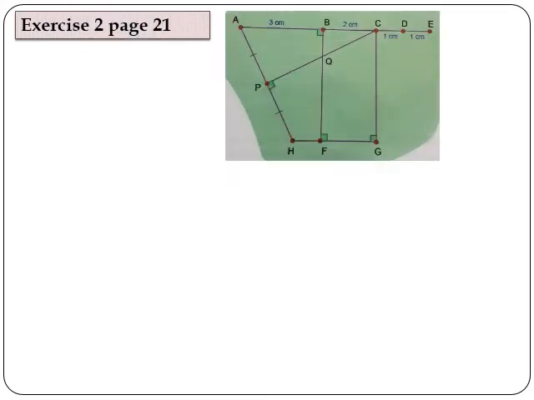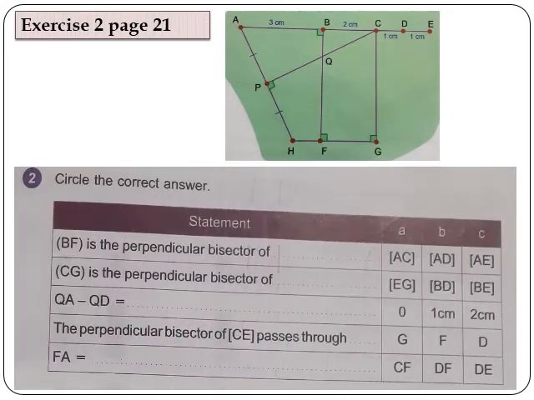Now let's solve exercise 2, page 21. Here is the figure, and the question is: circle the correct answer. BF is the perpendicular bisector of what? AC, AD, or AD? Let's look at the figure. Here, BF. Is it the perpendicular bisector of AC?